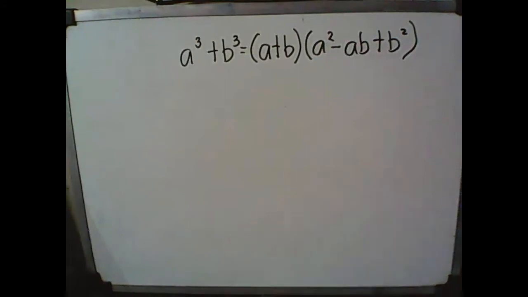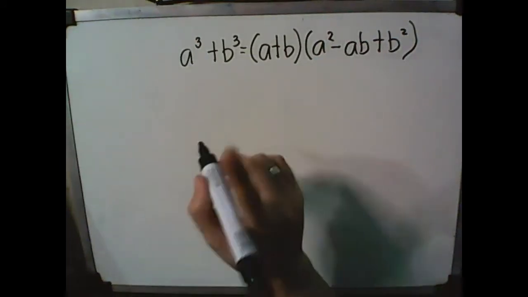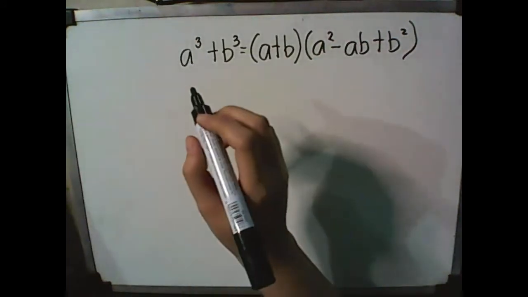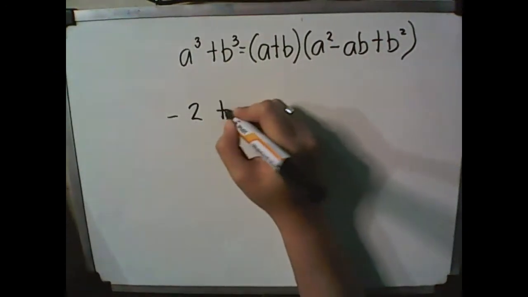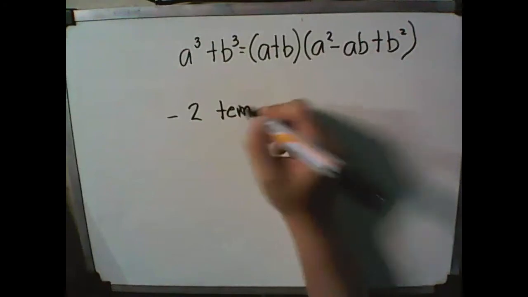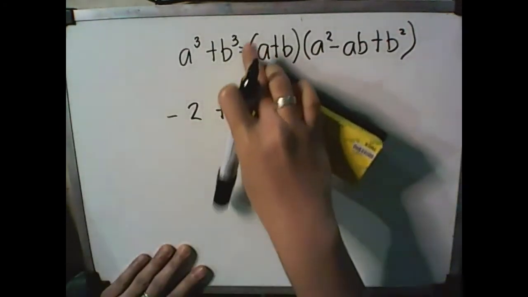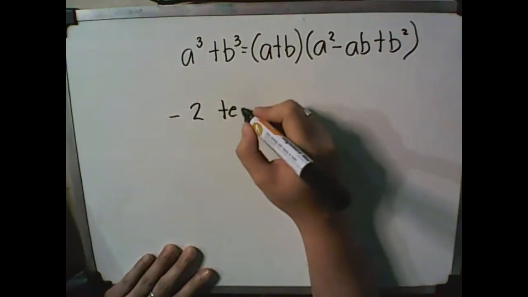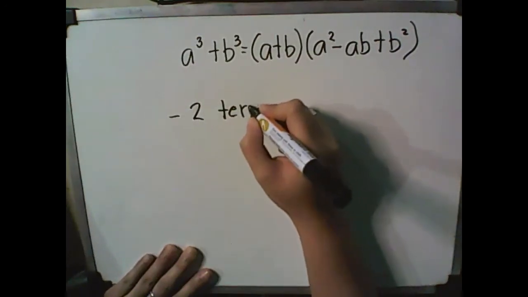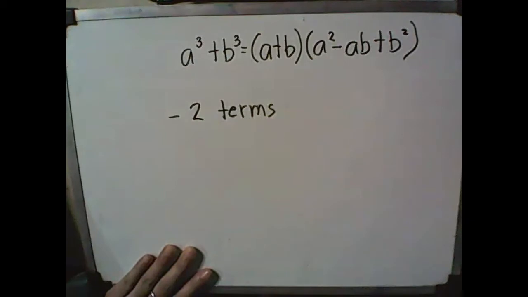So, first, if the given is, it must have 2 terms. So, para masabi natin that the polynomial is an example of sum and difference of cube, dapat siya ay merong 2 terms. Okay?